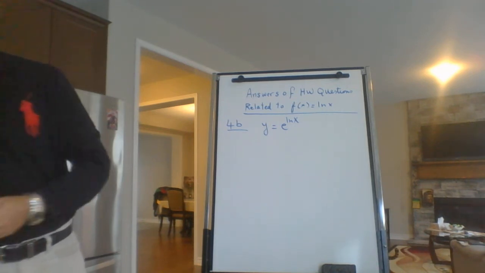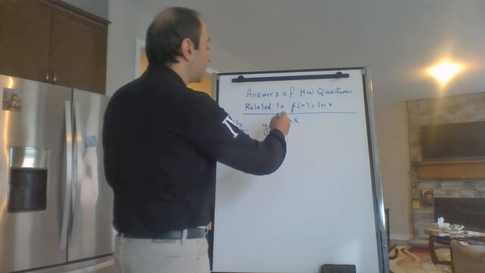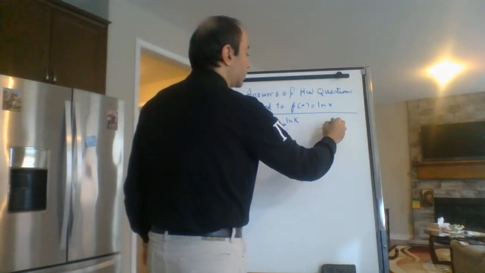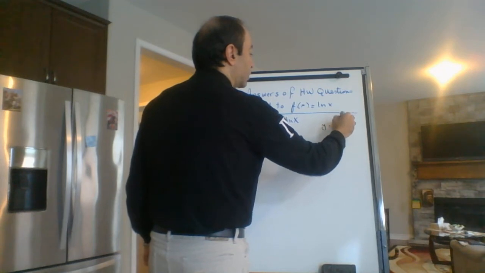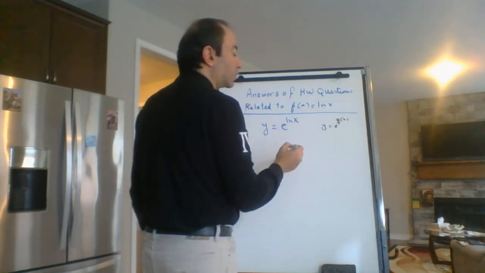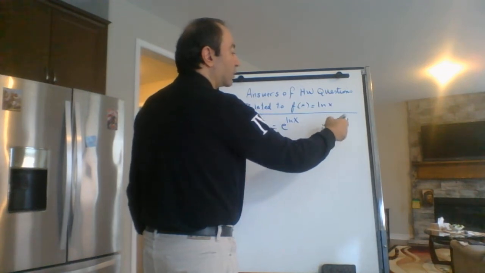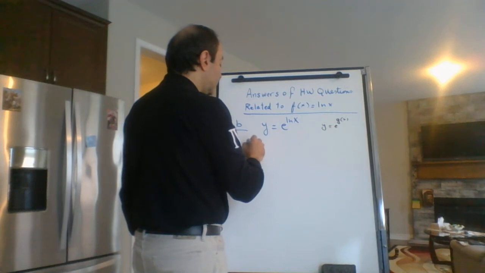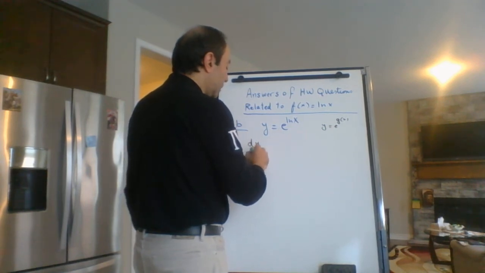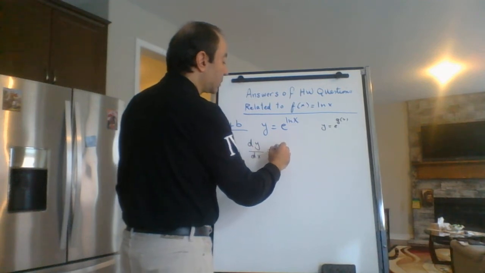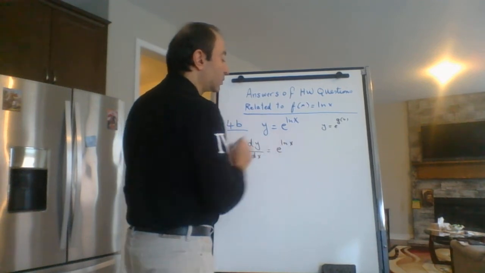This is a function in the form of e to the power of g of x. So we're going to find the derivative of e to the power of g of x as e to the power of g of x times g prime of x. So dy by dx here will be e to the power of anything; its derivative is e to the power of the same thing. So e to the power of ln x.